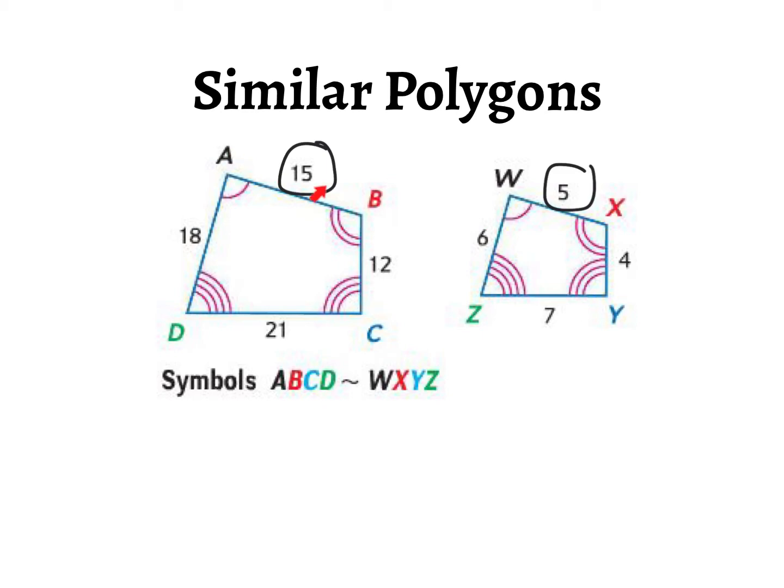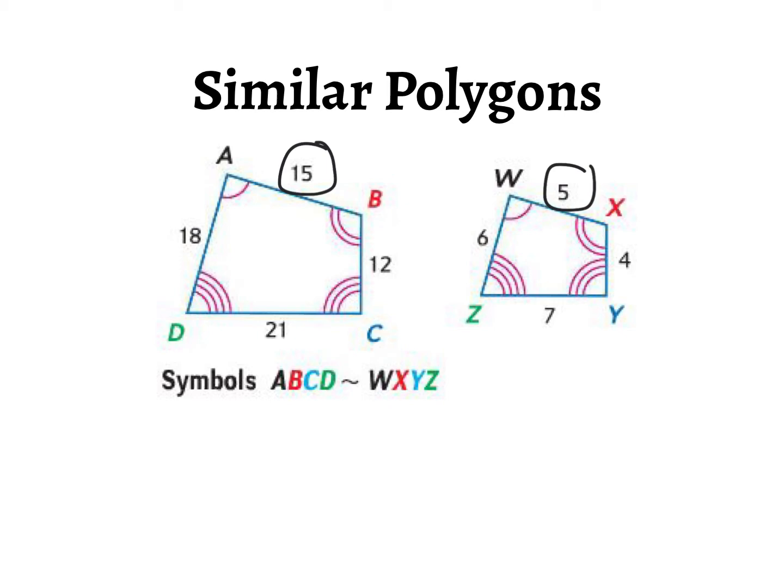Also, AB is the first two letters of the similarity statement that we have, and WX are also the first two letters. So I know that they correspond with each other because of the arches, or because of the order in which the letters are written.